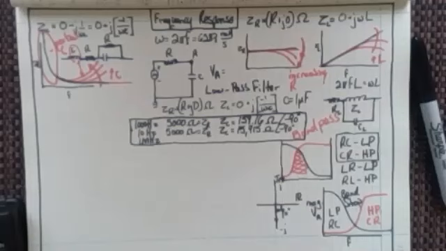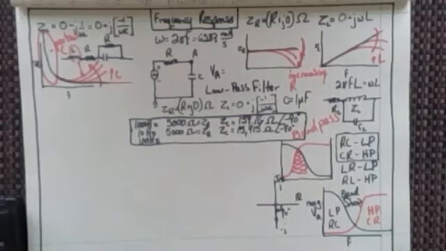Just a second. 6.283 mega times 1 microfarad gives me 6.28. Well, that's not. 6.283 mega times, yeah, that's right.